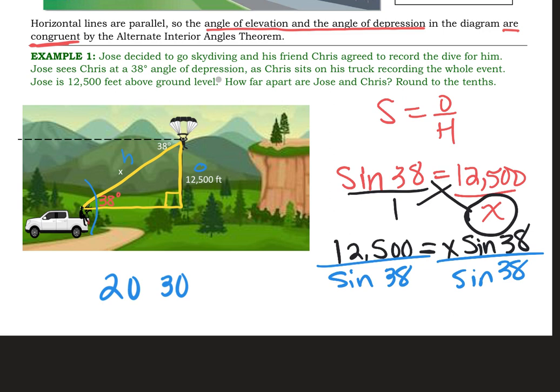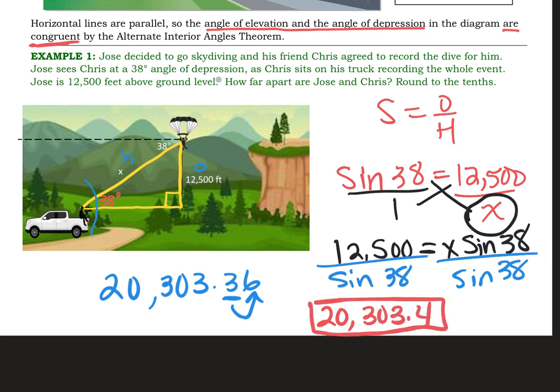Sorry, I can't see. 0.36. So your tenths is right here. Should that round up? Yes. Our answer is going to be 20,303.4. And like I said before, if you don't round it, I'm not going to count it wrong. But I do want you to practice that rounding piece, okay?